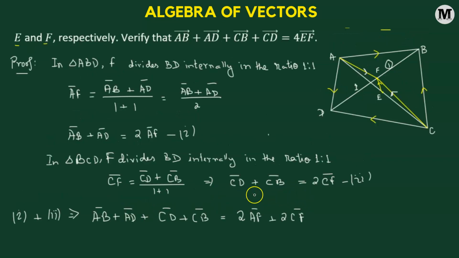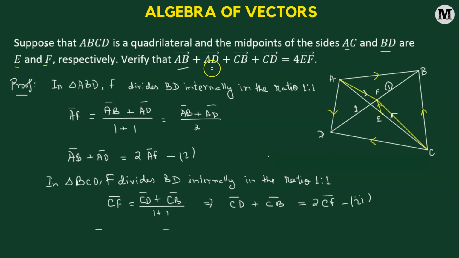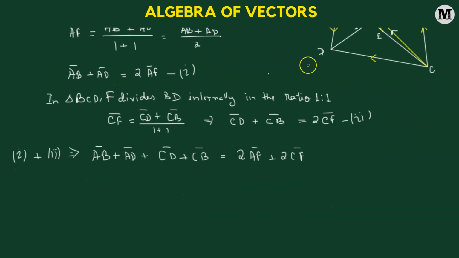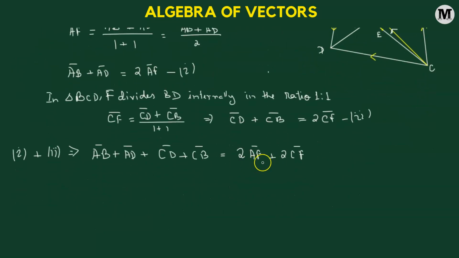Now the left hand side is fine because that's what we have on the left hand side of the given proof. Now we need to show that the right hand side equals 4 times EF vector. Let's take 2 as the common factor: 2 times AF added to CF. We need to somehow show that this whole thing equals 4 times the vector EF.